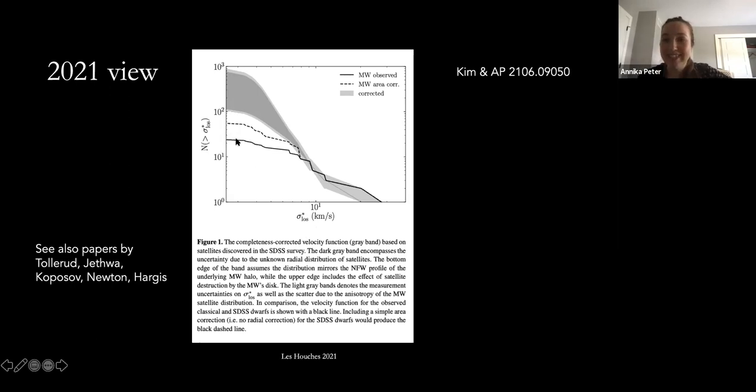Many new satellite galaxies of the Milky Way were discovered in the Sloan Digital Sky Survey. Since the mid-2000s, when Beth Willman and others found the first very faint dwarf galaxies using Sloan, a couple dozen more satellites of the Milky Way have been discovered using, for example, the Dark Energy Survey, even Gaia.